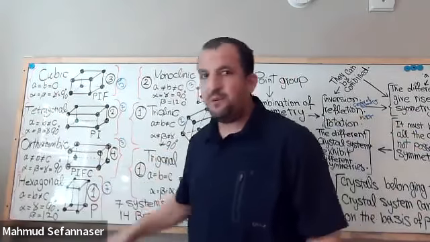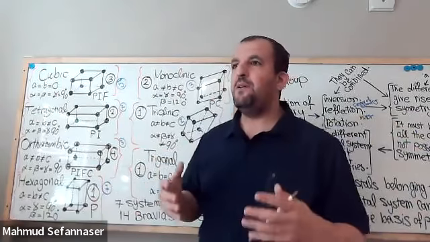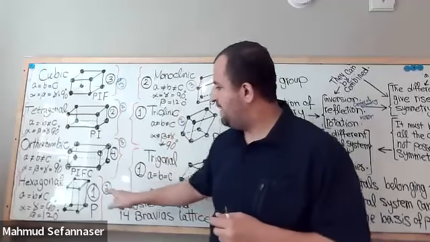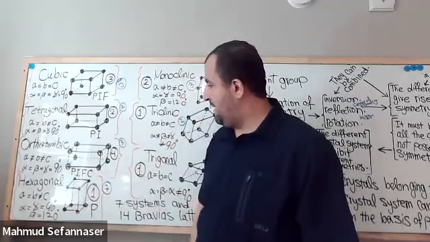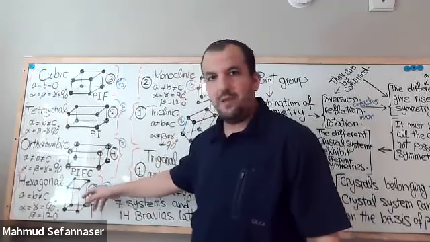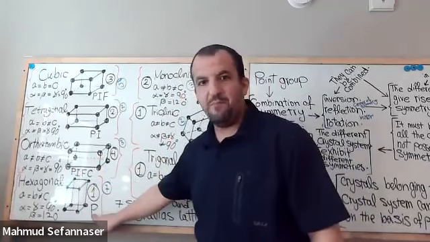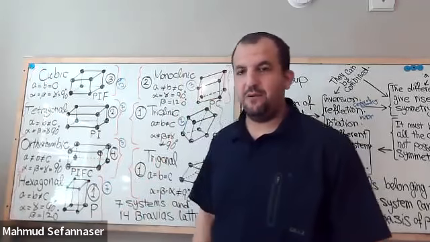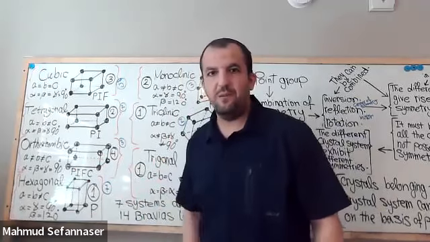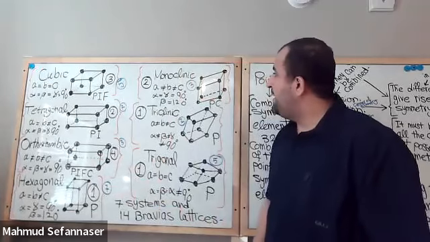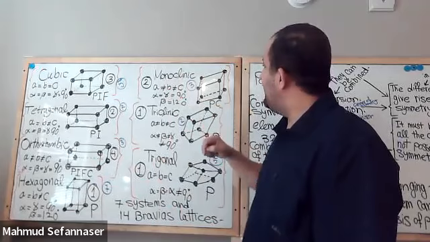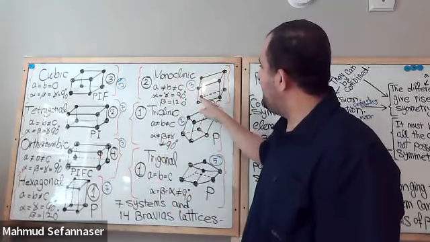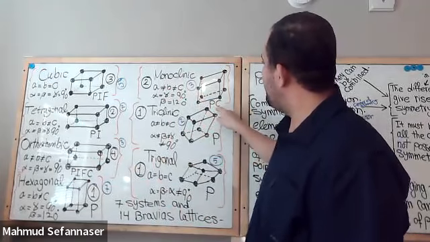And if we come, guys, to the hexagonal, in the hexagonal we just have one Bravais lattice, which is the simple hexagonal. So we don't have other Bravais lattices. The simple hexagonal is the only Bravais lattice here. Okay, and if we come to the monoclinic, guys, I wrote that right here.